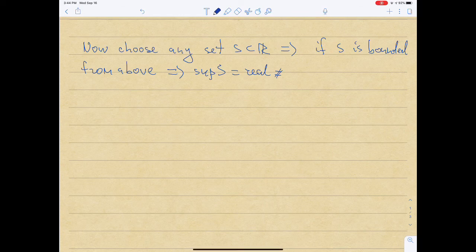We write this as a consequence of the completeness axiom. That's case 1. Case 2: if S is not bounded from above.